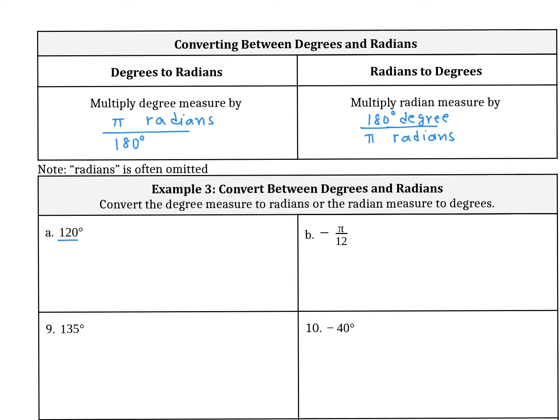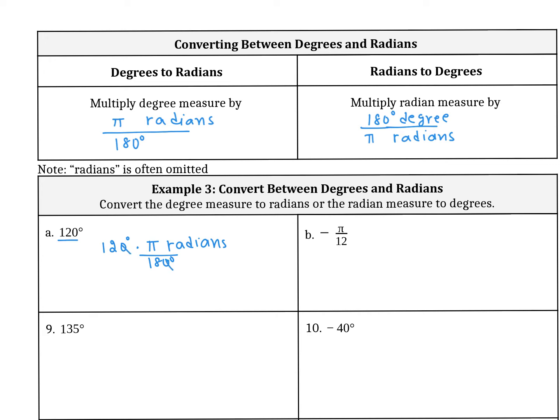To convert 120 degrees into radians, you multiply by pi radians divided by 180 and reduce.